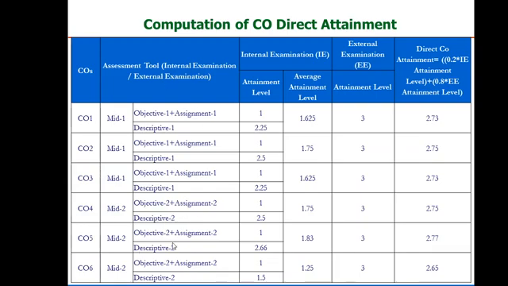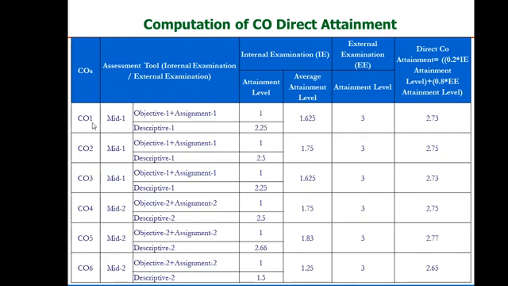By defining these tools, we come to the calculation of the internal examination. First, you calculate the attainment level for each individual component. Finally, you can take the average of the attainment levels.